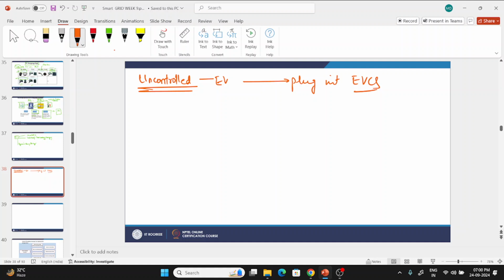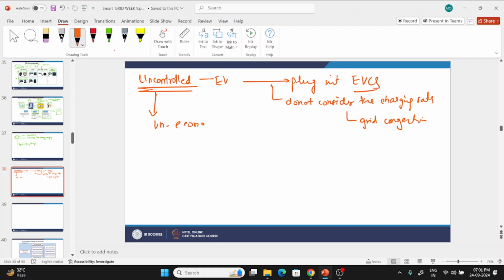It does not consider the charging rates, grid congestion, anything. Its main aim is just to charge, and it has no regard for the charging rate. So this type of charging is very uneconomical.